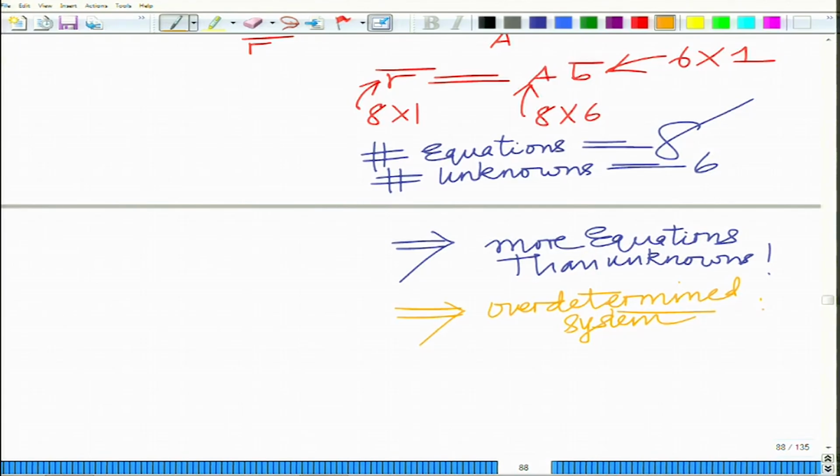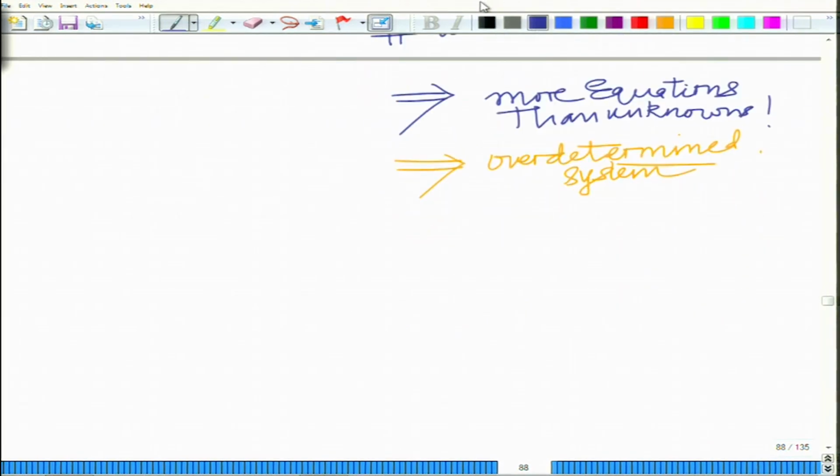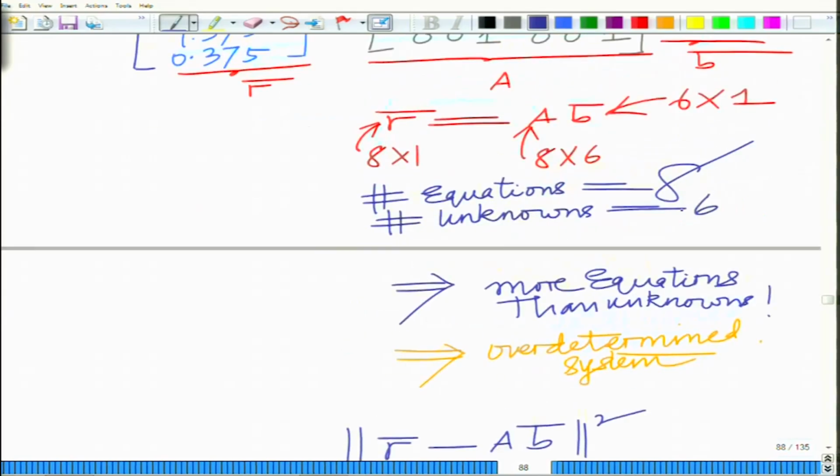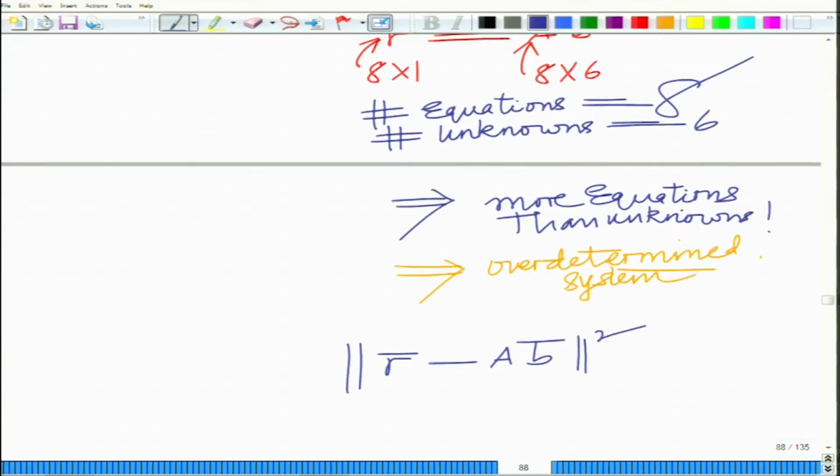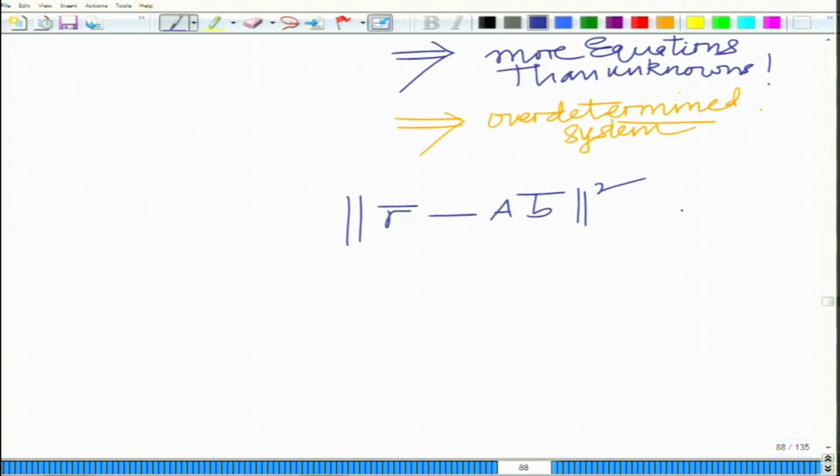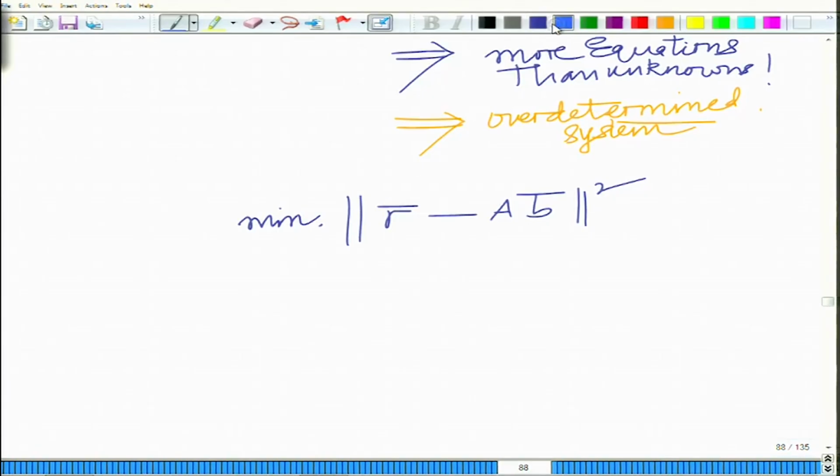And how do I solve this overdetermined system? We solve it by using least squares. We cannot solve this exactly, we have to solve it approximately. We find the best vector B bar which minimizes the norm of the approximation error, R bar minus A B bar.